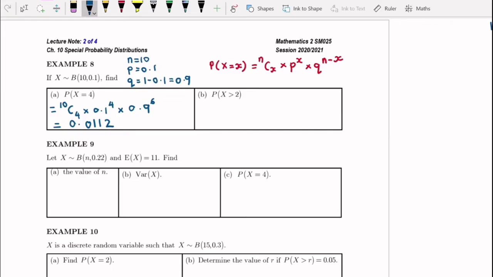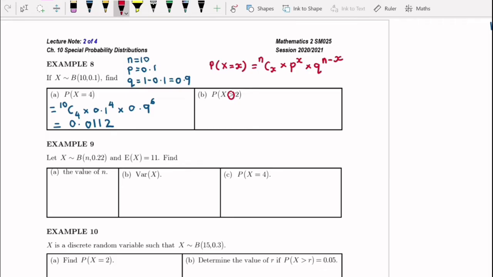Now, let's look at question B. Find the probability of X greater than 2. So now, we will use the binomial table, but before that, we need to change the greater sign to greater equal, because the binomial table only gives values for greater equal.